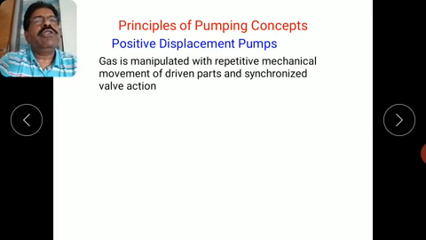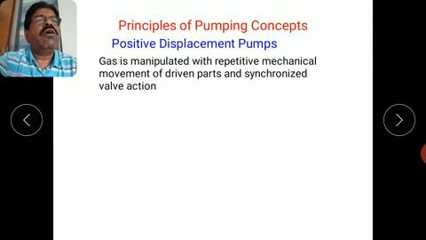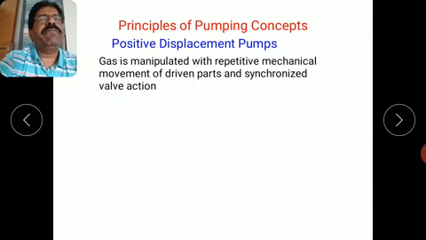The word positive displacement pump means here the gas molecules are manipulated with repetitive mechanical movement of driven parts and synchronized with valve action. So what does it mean? In positive displacement pumps, they are basically mechanical pumps.